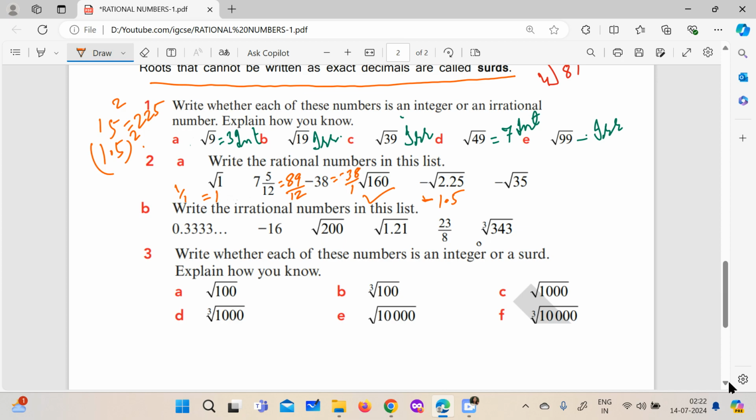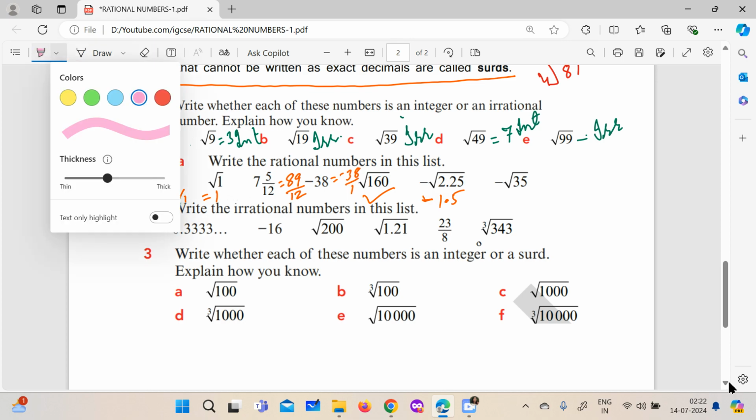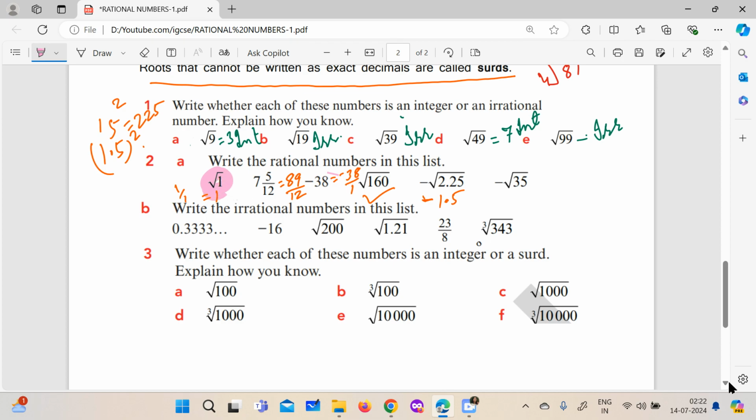This is also a rational number. And then root 35, you won't get any value of this kind. It will be a non-terminating decimal. So which are our rational numbers? Wait, I will shade the rational numbers now. Your rational numbers are this one, this one, and this one. That's it.